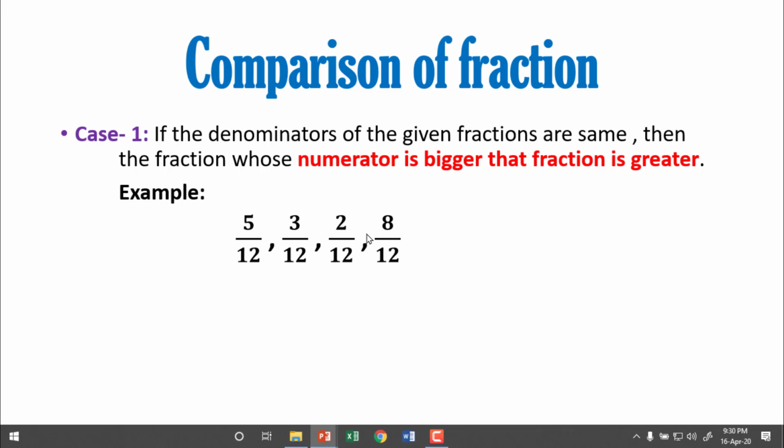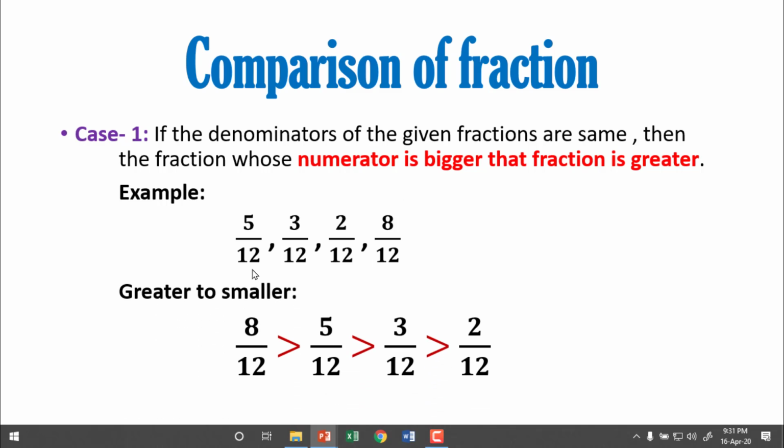So look here, the numerator 8 is the biggest. That's why 8 by 12 will be the largest fraction. The next largest fraction is 5 by 12. After 5 by 12, the next is 3 by 12 and the smallest one is 2 by 12, as 2 is the smallest numerator.